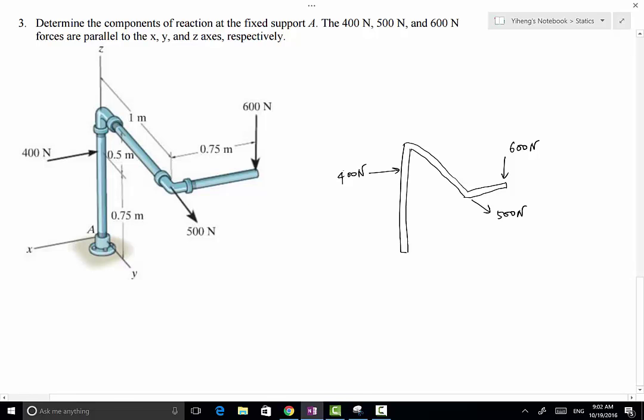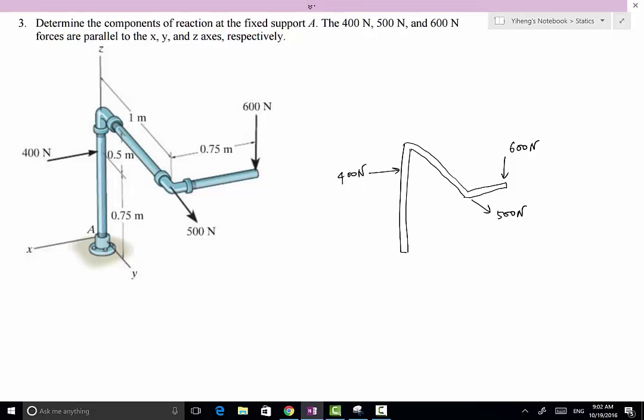And because we have a fixed support at point A, which provides maximum constraints, it prevents translational motion along all three axes, and also it prevents rotation about all three axes.